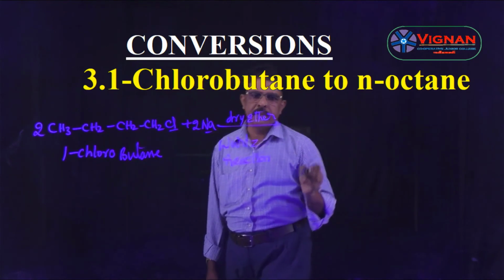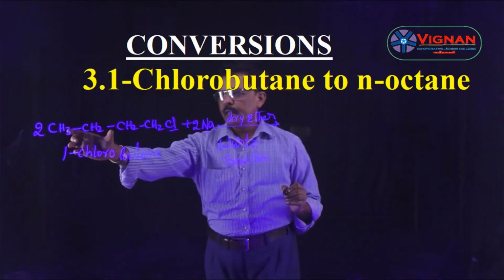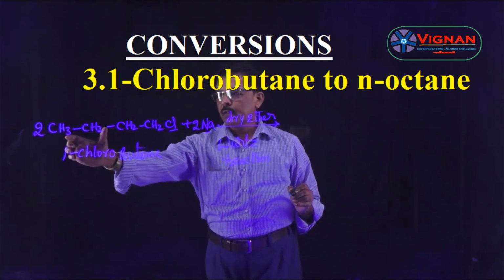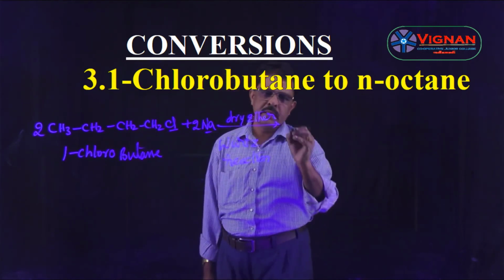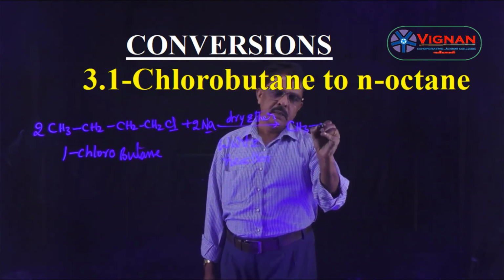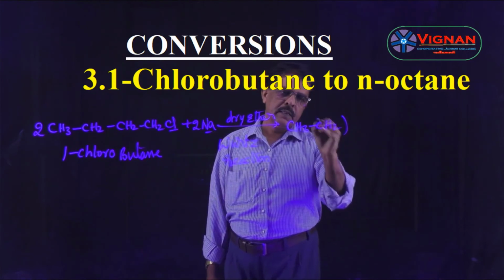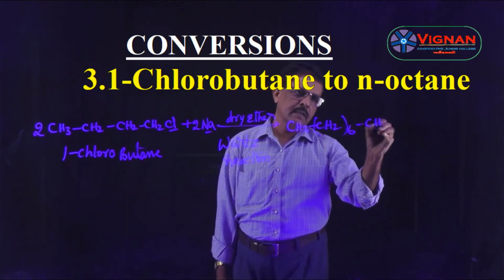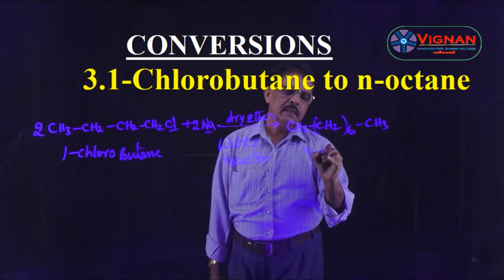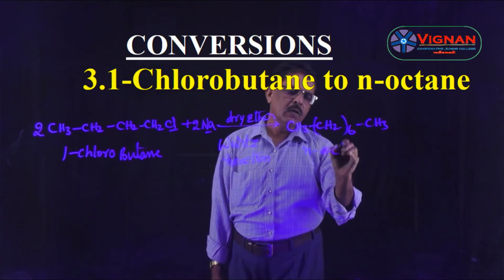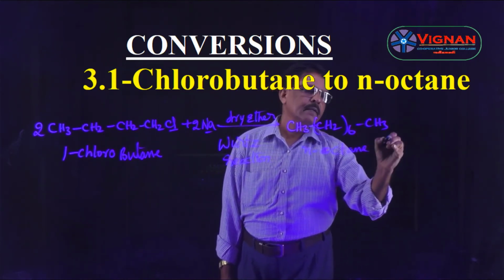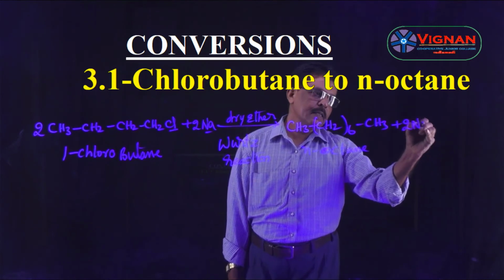Right, understand? Then we will get here these alkyl groups attached to each other. So CH3, CH2 taken 6 times, CH3. n-octane is obtained plus 2NaCl.